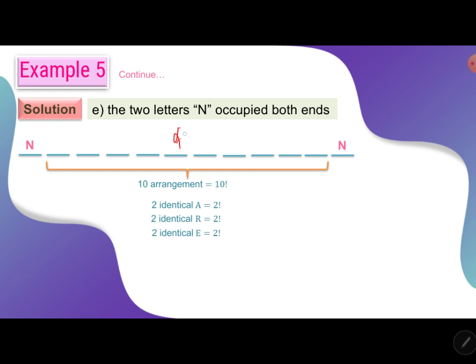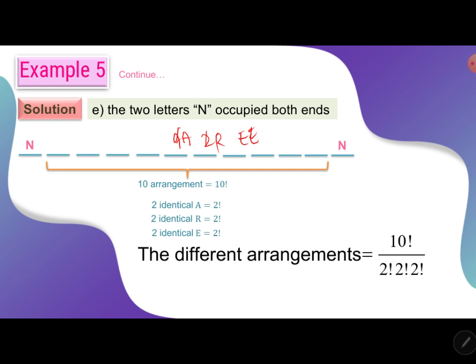But because we have 2 A, 2 R, and 2 E, we have to divide by 2 factorial, 2 factorial, 2 factorial. These 2 N, if we change their positions, will be the same, because the N's are identical with each other. So the answer will be 453,600.